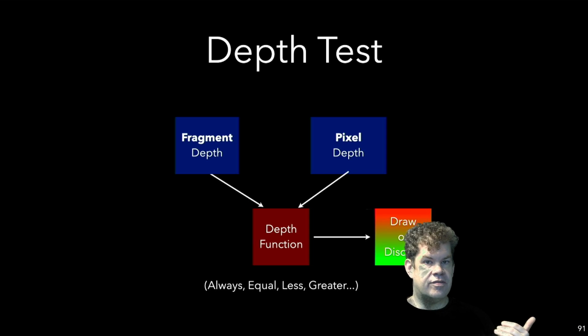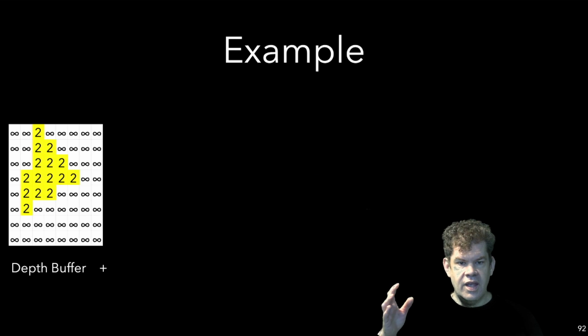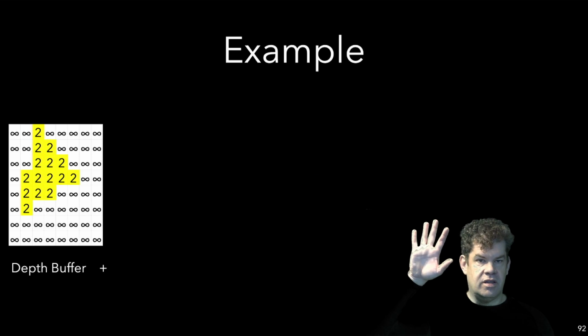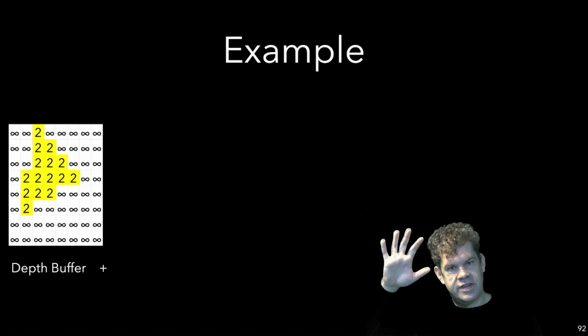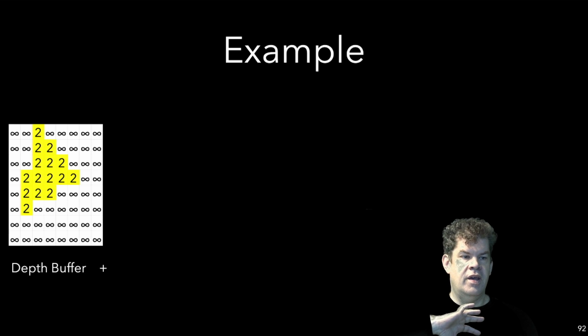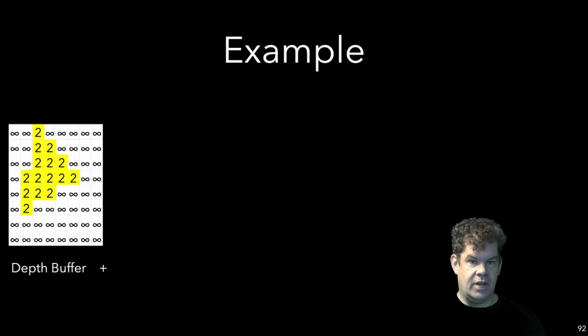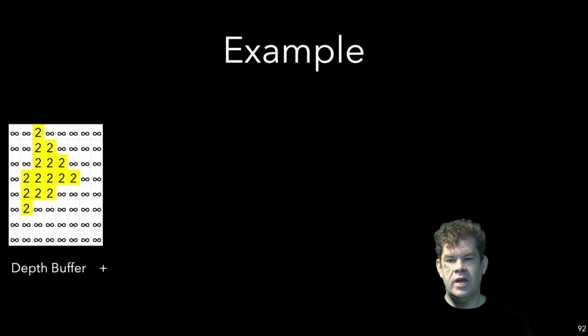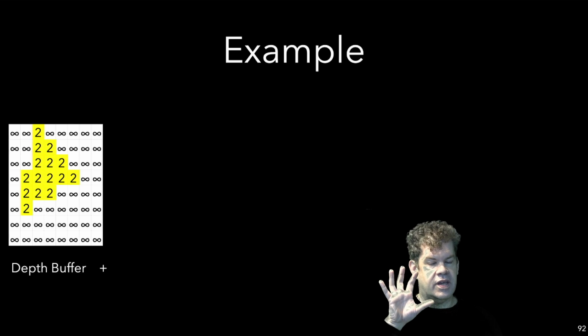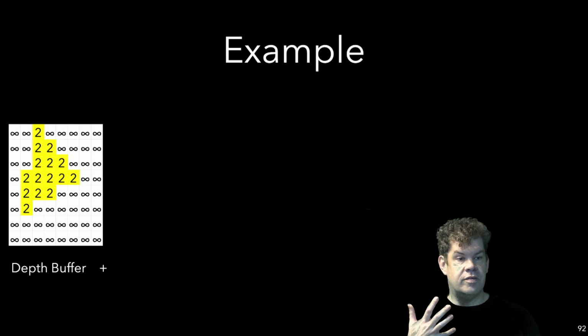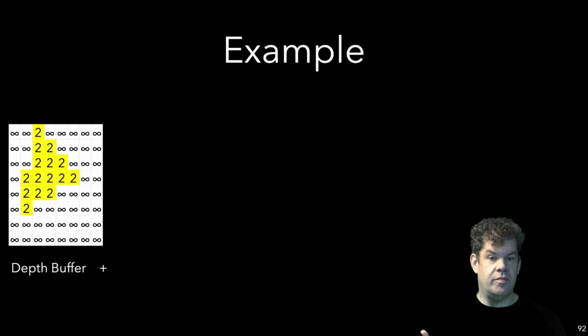Okay, so how is this resolved by this depth test? Let's just assume, and that's not how it works exactly, but for simplicity's sake, that I've cleared the depth buffer with infinity. Okay, and I've got something in there already. So I got a yellow triangle there with depth 2. Okay, and smaller means it's closer.